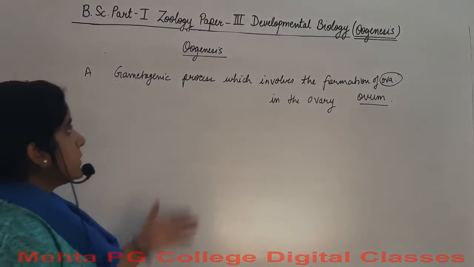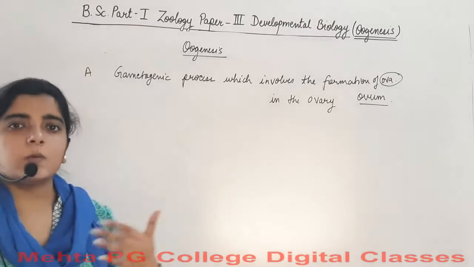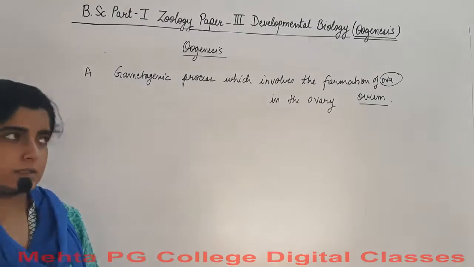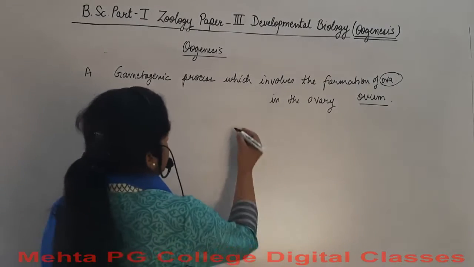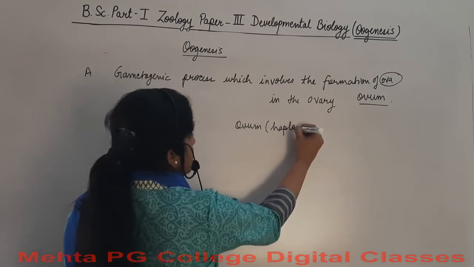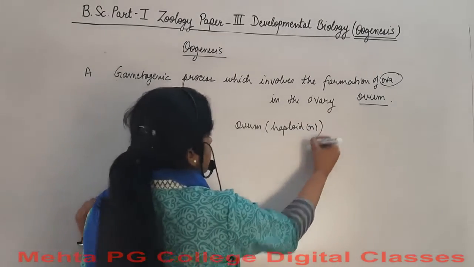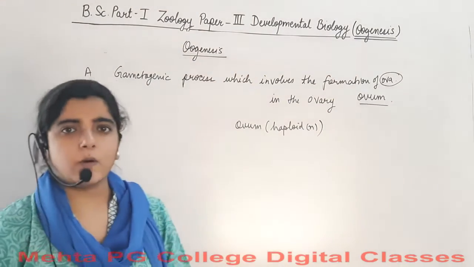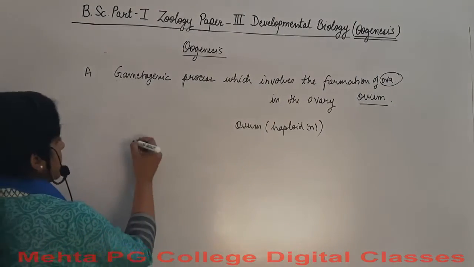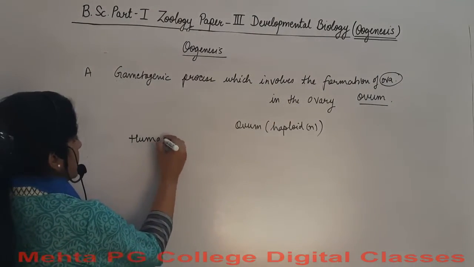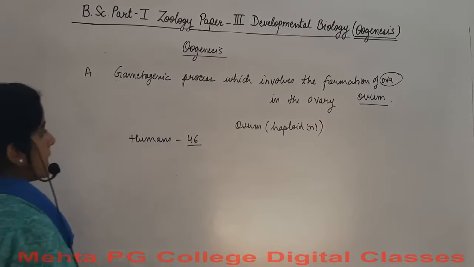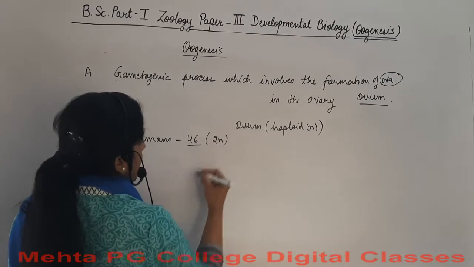So we can say in this process also meiosis occurs and reduction of chromosomes occurs. That's why the ovum which is formed is haploid in nature, that means it contains one set of chromosomes only. For example, in humans we have 46 chromosomes, which is the 2n number, the diploid number.